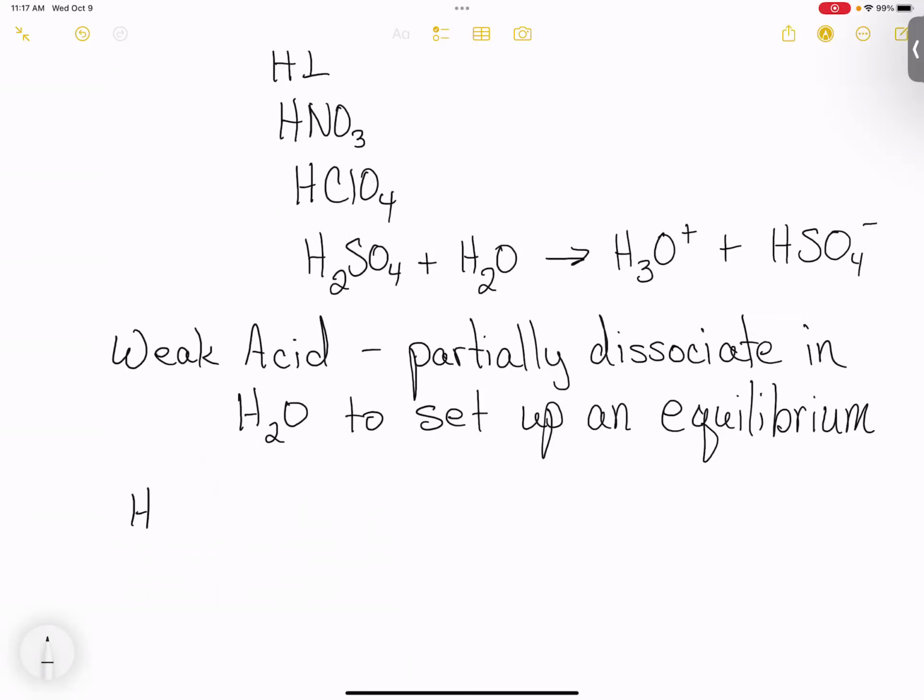Acetic acid was an example of a weak acid. When it is added to water, it only partially dissociates, and so it sets up an equilibrium between the acid and water and hydronium and the acetate ion.